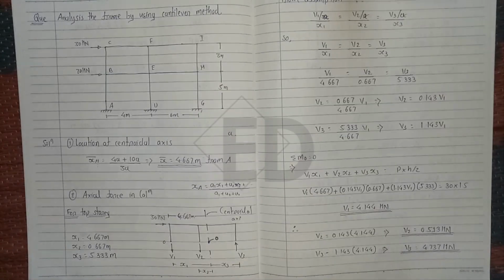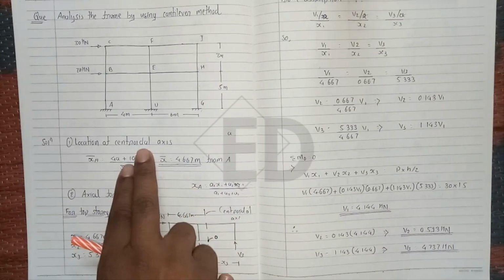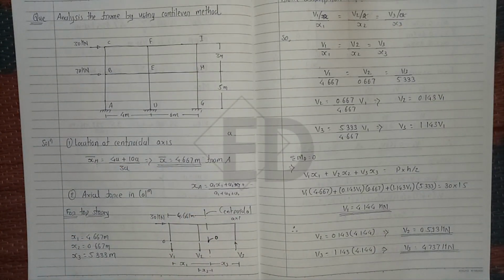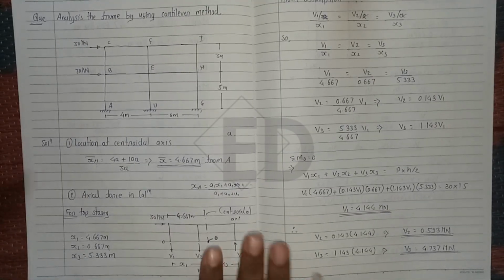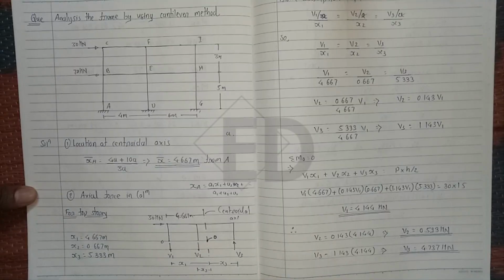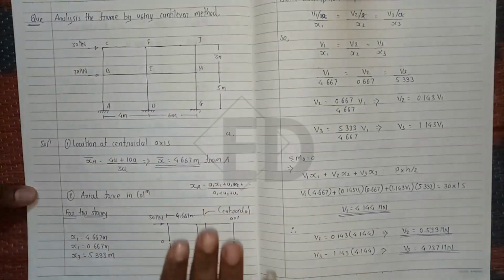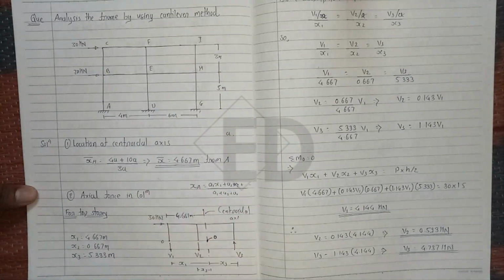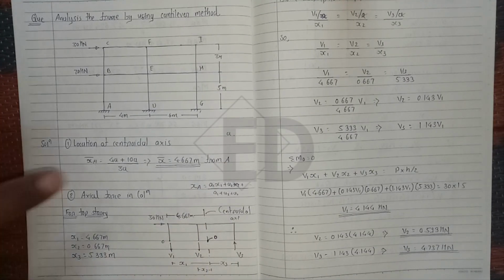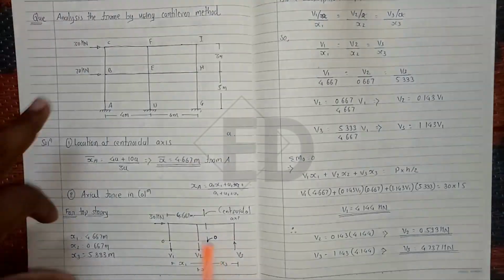Here we have to calculate the centroidal axis because the direct stresses in the column are directly proportional to their distances from the centroidal axis. Hence our first step is the calculation of centroidal axis. We know how we calculate the centroidal axis. We take one reference point.